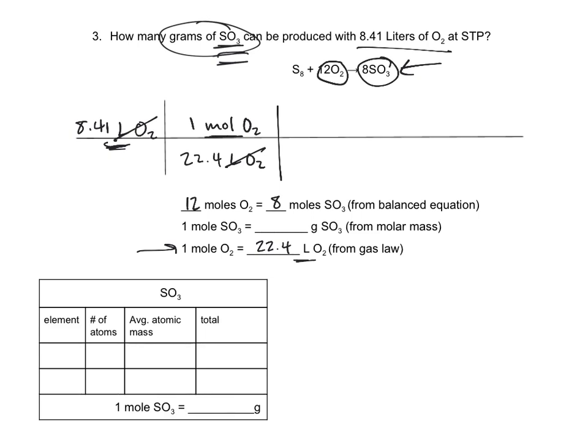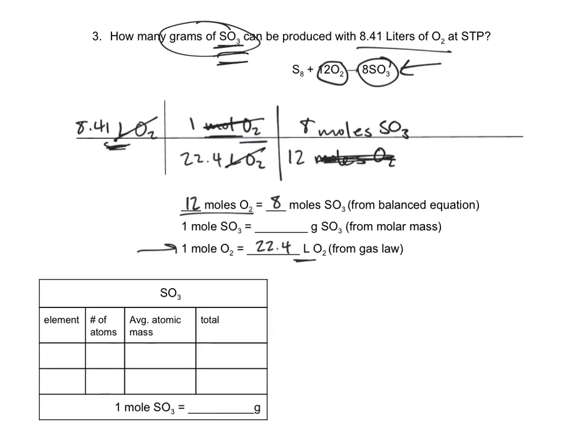It's moles, and both sides of our conversion are moles, so we have to look at the substance. It's moles of O2. So moles of O2 goes on the bottom next. Whatever is on top goes on bottom next. 12 moles of O2 becomes 8 moles of SO3. So moles of O2 go away. We're left in moles of SO3.